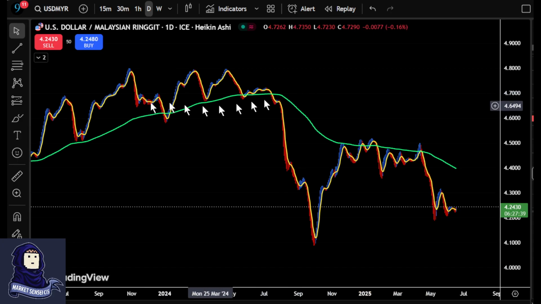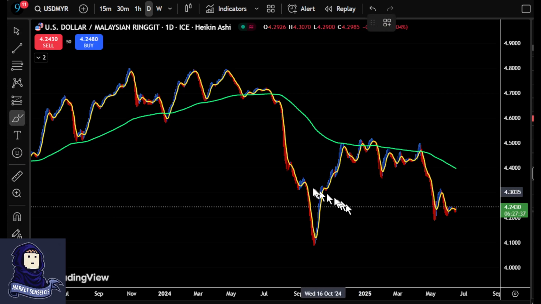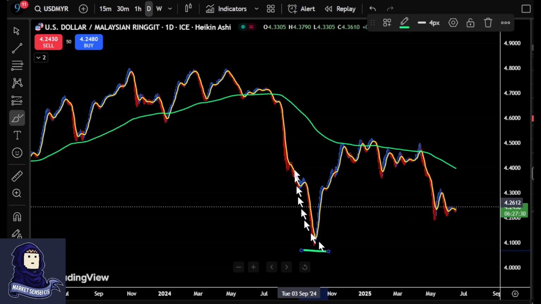Overall, if you look at this dollar versus Malaysian ringgit chart, in the very longer term, you can see that this pullback here crashed down here. It's not really a pullback, it's more like a crash.